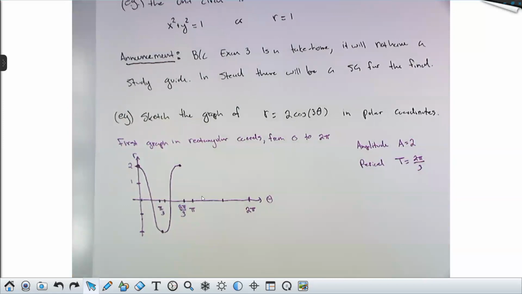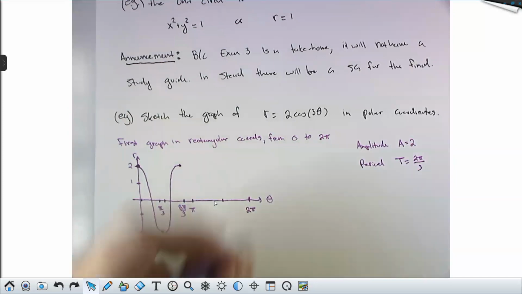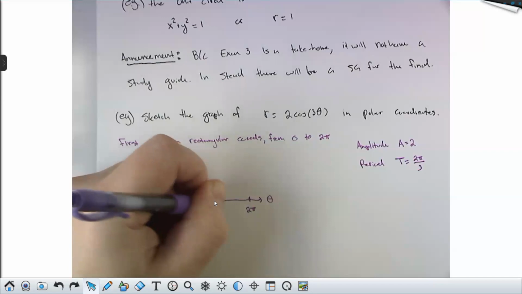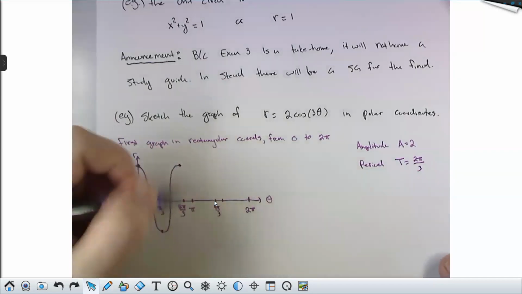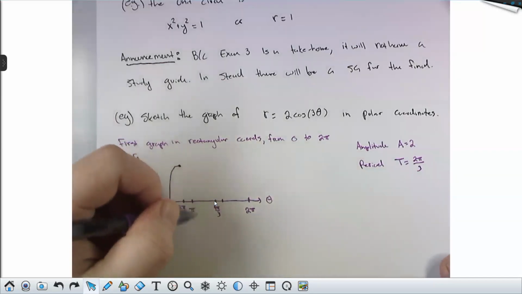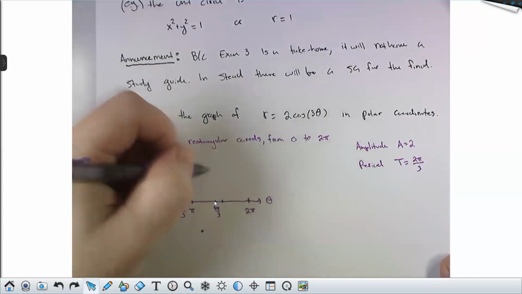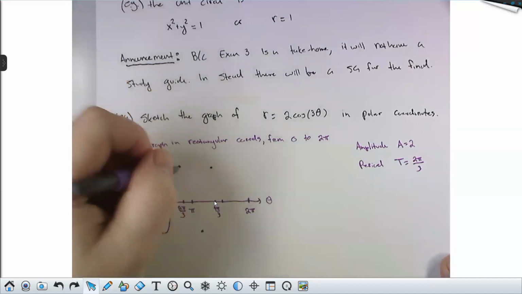And 4 pi over 3, if you think about your unit circle, 1, 2, 3, 4, it's going to be right about over here. So we need to come all the way back down and then all the way back up by the time we get to 4 pi over 3.